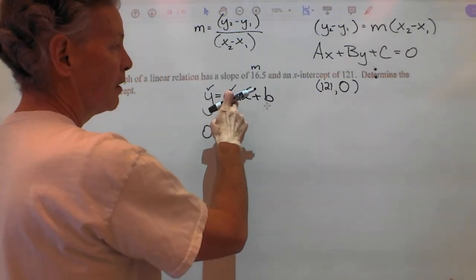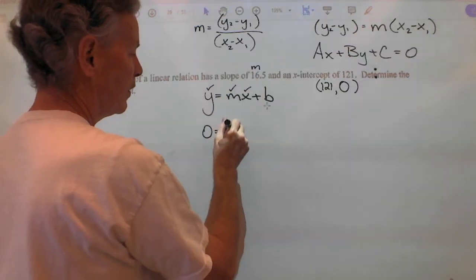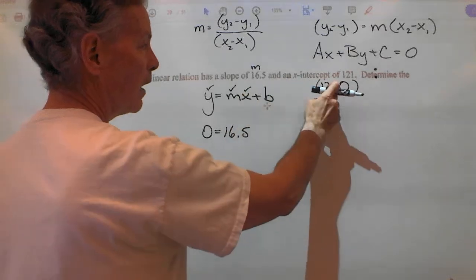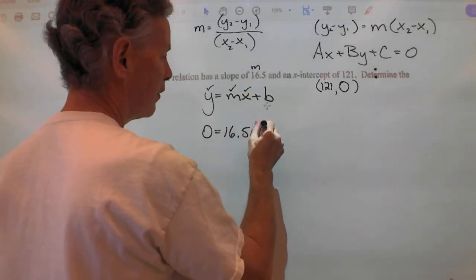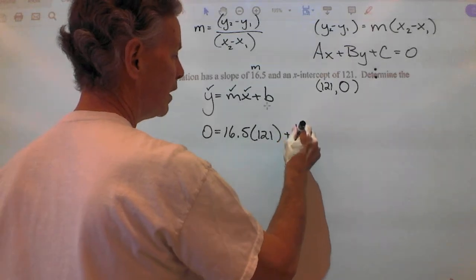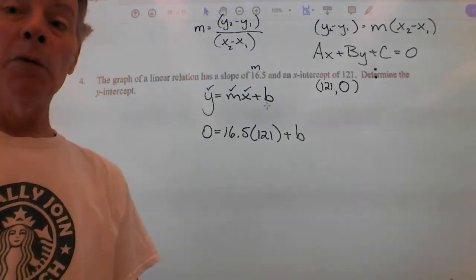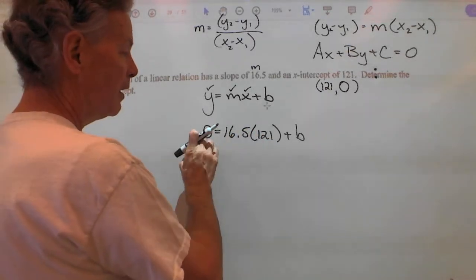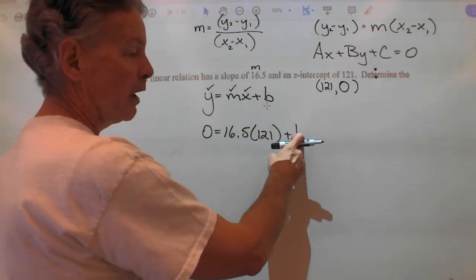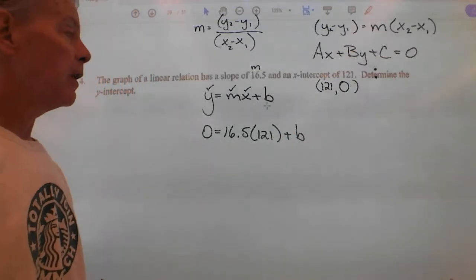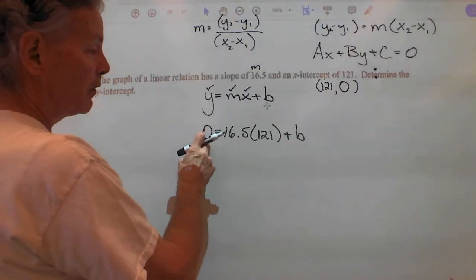We know that m, the slope, is 16.5. We know that the value of x is 121. The value of b is our unknown, but we can figure it out because we're smart. Remember, if you have numbers for all your values and only one variable, you just have to isolate to find its value.